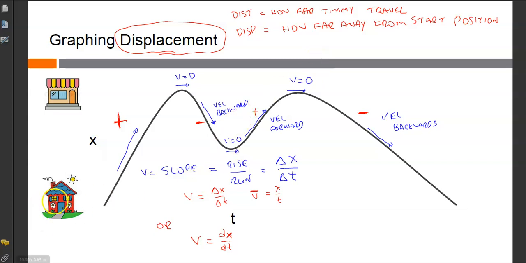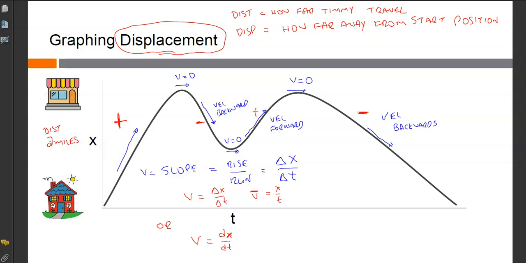If I measure the distance from the house to the store, let's just make up a number. Let's say that's 2 miles. That would be the distance. When he rides from the home to the store, his distance is 2 miles, and he's 2 miles away from home, so his displacement would also be 2 miles.